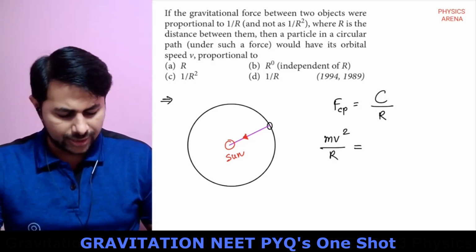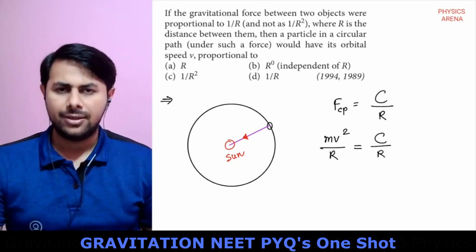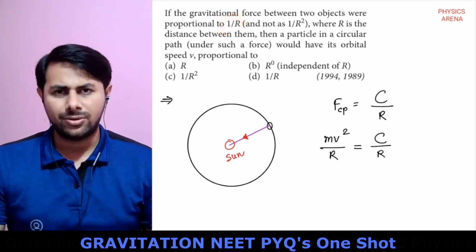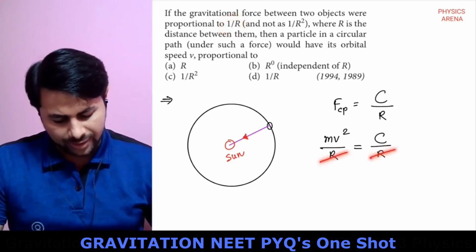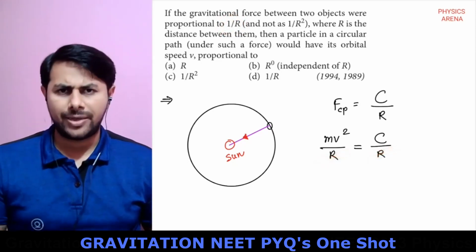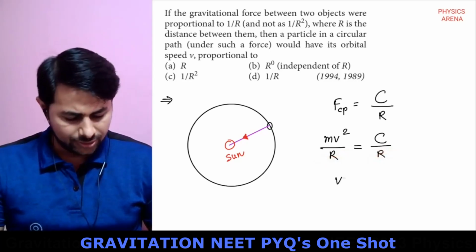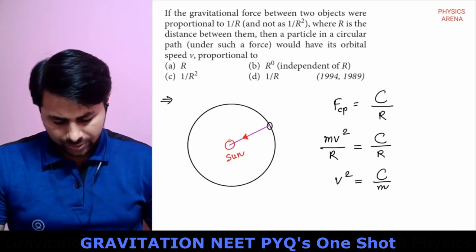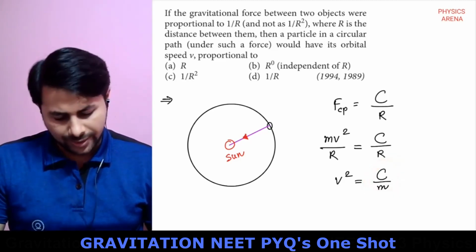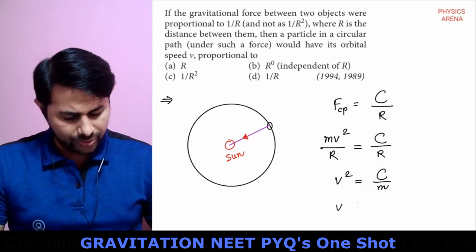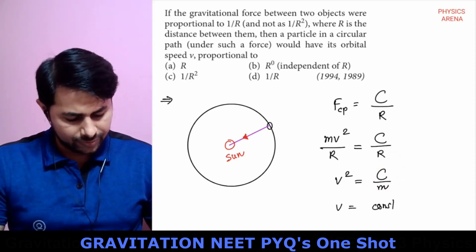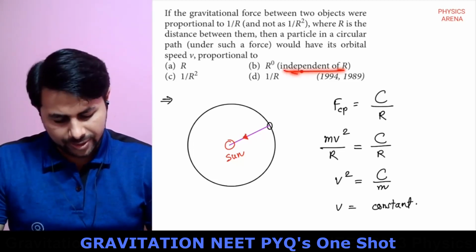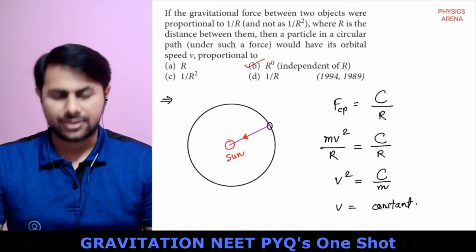So mv square upon r is c divided by r, because the gravitational force is inversely proportional to r only. So this r and r get cancelled. The mass of the planet is a constant. So v square is equal to c divided by m, which is another constant. Therefore v is constant, or we can say it is independent of r. Option B is the answer.